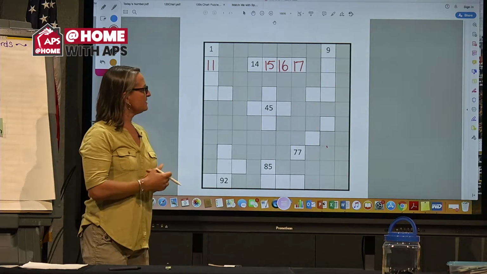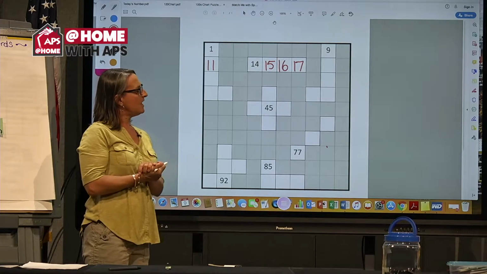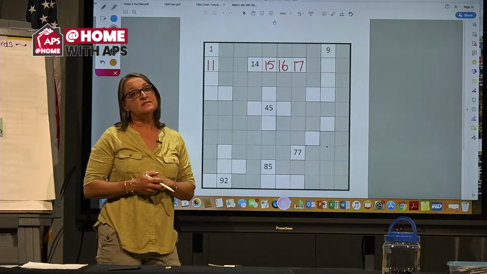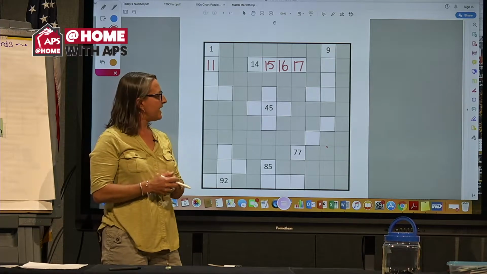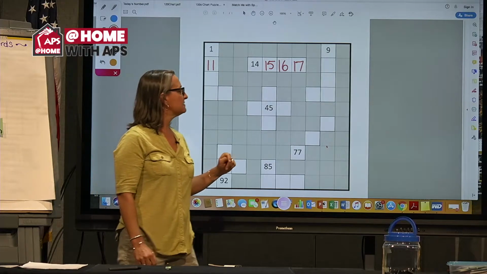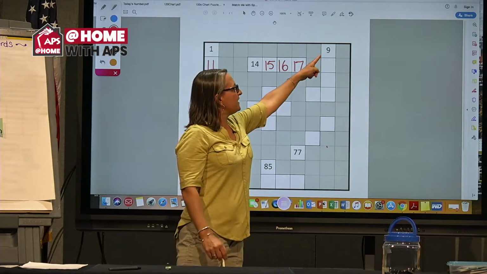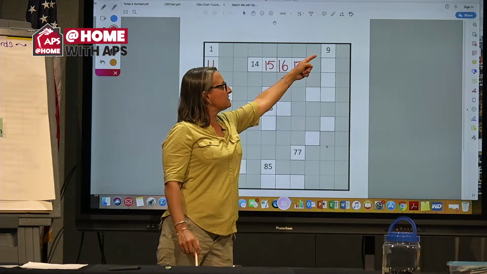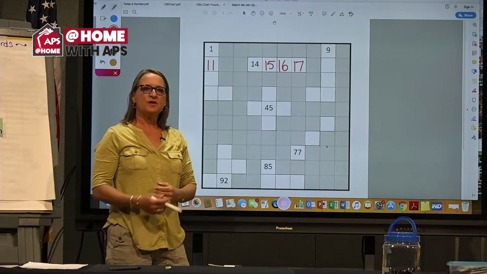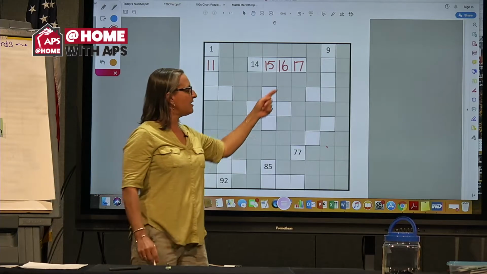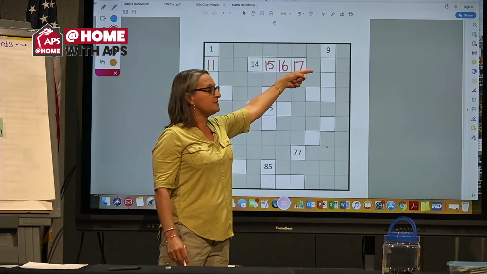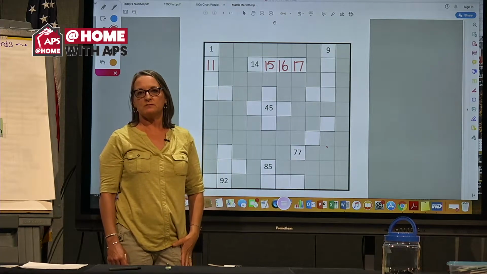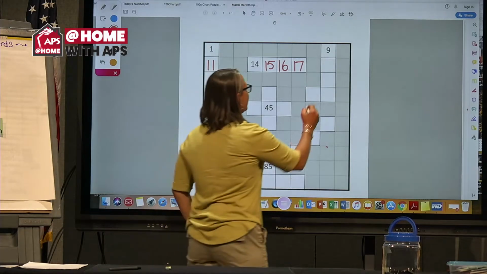Okay, so, how could we think about this next box we have to fill in? I can think of a few ways, right? We could count forward by ones, or we could think about our pattern of jumping by 10. Above this next space, we have a 9, don't we? So, if we make a big jump down to the very same spot in the next row, we've jumped 10. So what's 9 plus 10 more? That's right, it's 19.